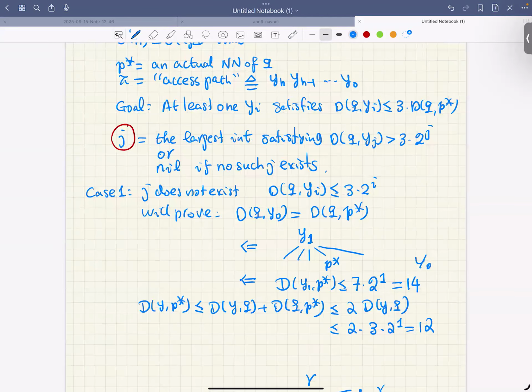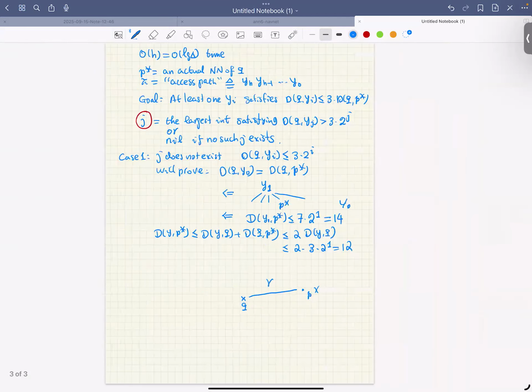If that happens, it indicates something's wrong. What this means is that we have gone below this distance R, and then we must have already seen something that's close enough. So that's going to be the idea.